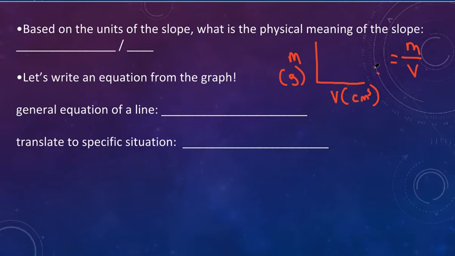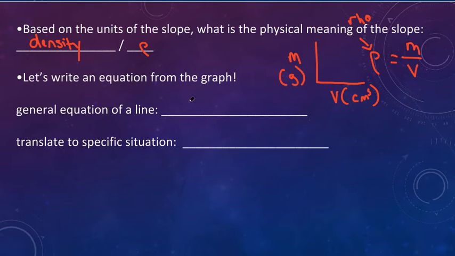And if you recall from chemistry and the last video lesson, that equals your density. Okay, once again, the Greek letter rho. Kind of looks like a funny P, but yeah, the physical meaning of our slope is the density of whatever material, or the letter rho.